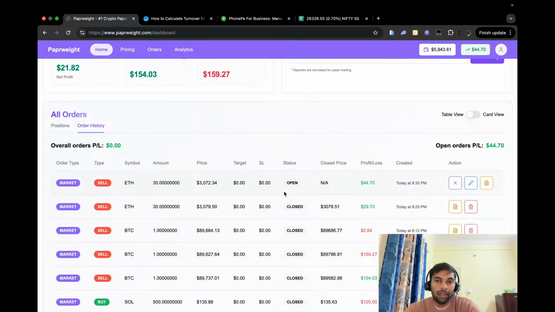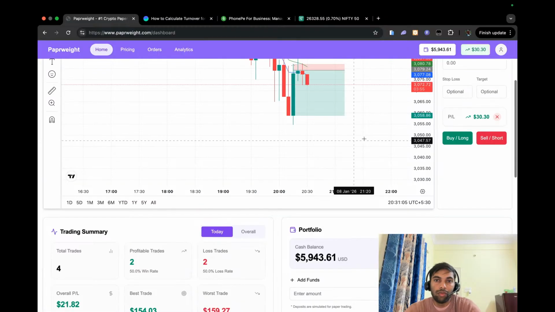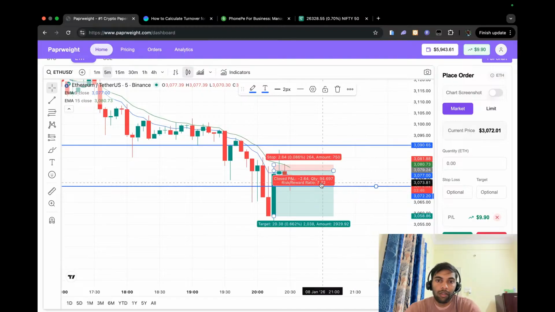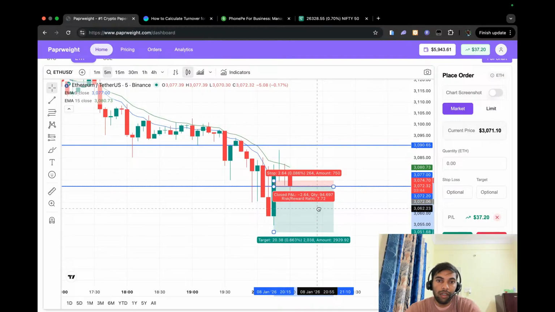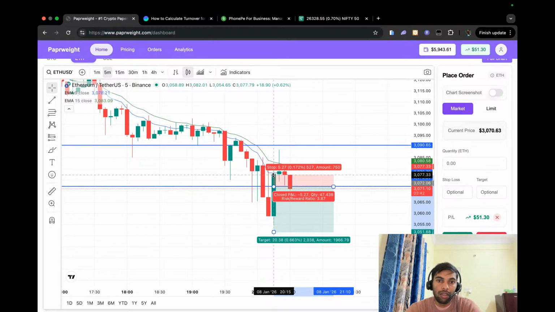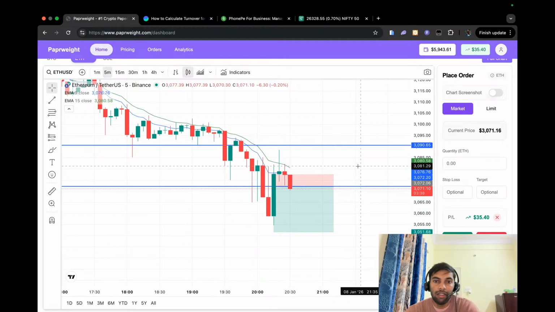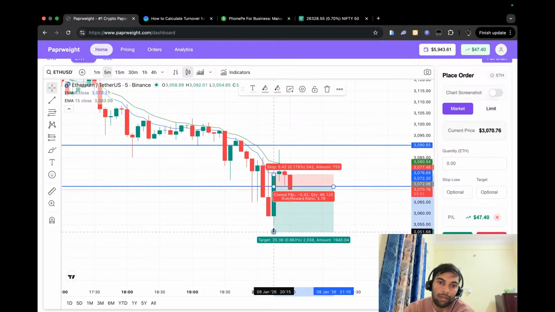I sold at 3072. Where is 3072? Here. So I sold here. My stop loss would be at the high of this candle. Same.